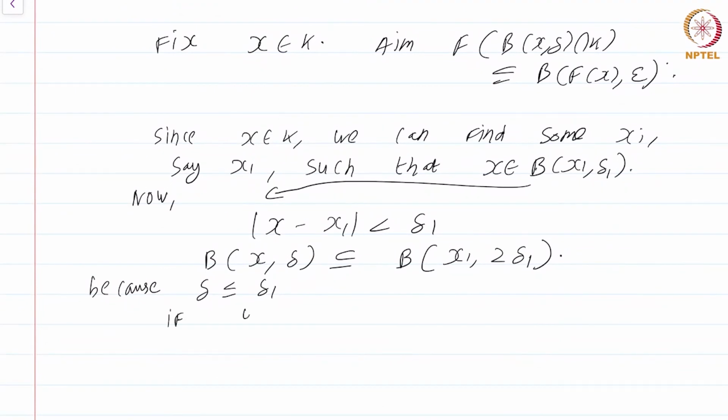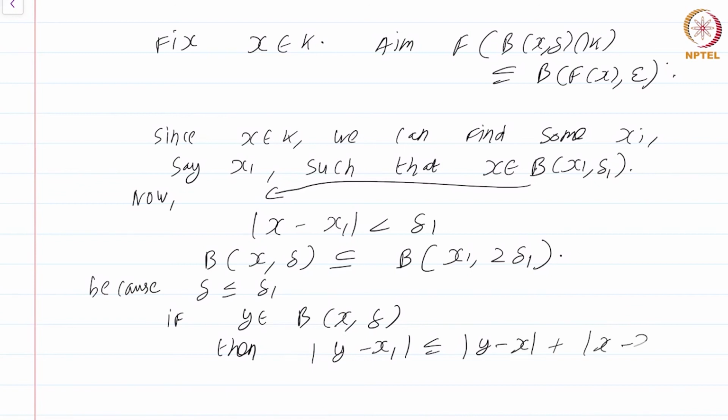So if y is in B(x, delta), then mod y minus x1 is less than or equal to mod y minus x plus mod x minus x1. This quantity is already less than delta 1, and mod y minus x is less than delta, and delta is less than or equal to delta 1, and we get this.